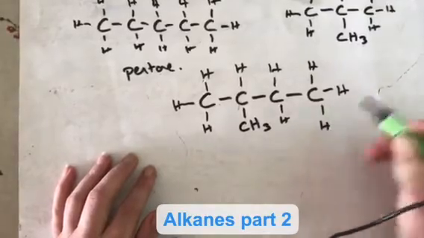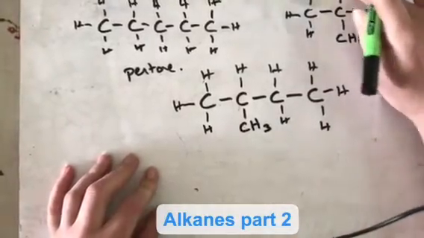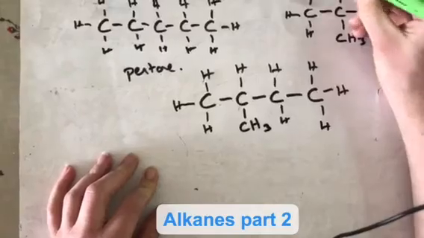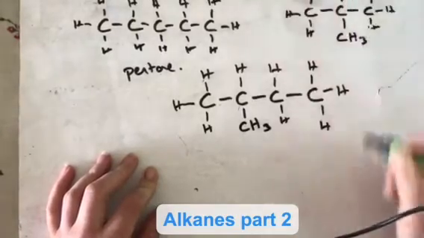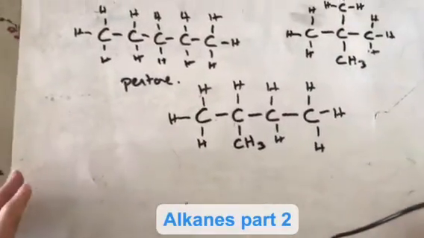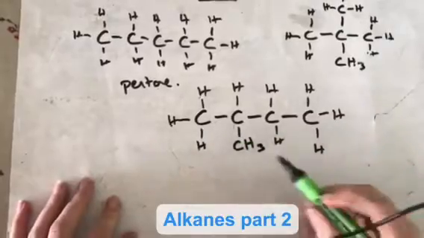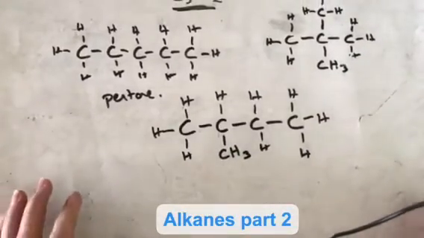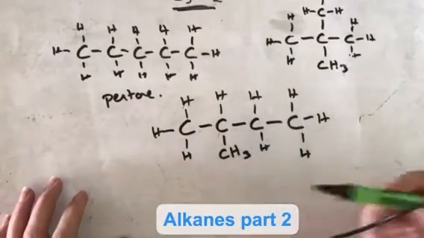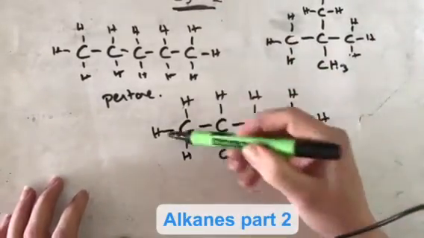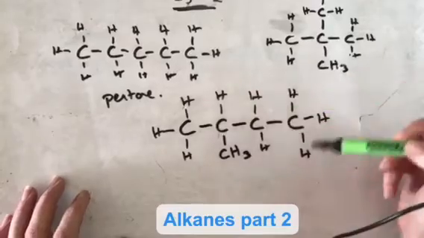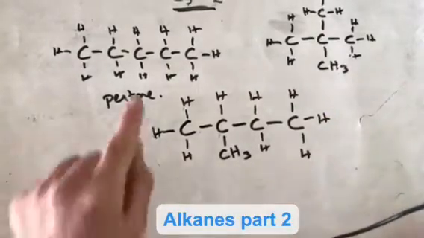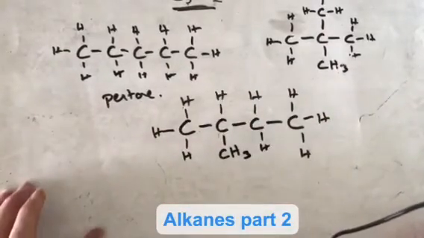Now girls, if you'd prefer to do the CH3s like this, that's okay as well. I'm just doing this for speed. So now we've got a 4 carbon chain, 1 CH3. Again, let's count up our carbons and hydrogens to make sure that they have the same number. 1, 2, 3, 4, 5 carbons, like we said, and 1, 2, 3, 4, 5, 6, 7, 8, 9, 10, 11, 12 hydrogens again. So we've got 3 structural isomers of pentane here.